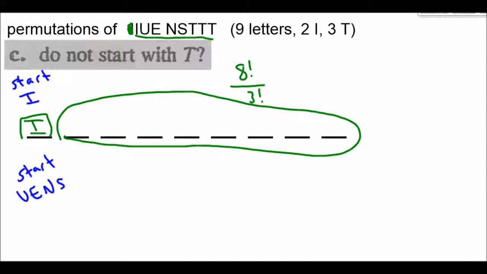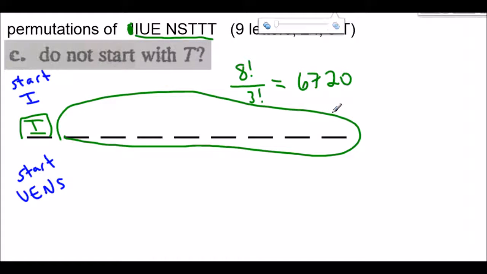Now I don't have 2 I's, because remember, I put one of them at the beginning and I'm not allowed to rearrange it if there's an I at the beginning. So if I do start with an I, the total number of rearrangements is 8 factorial divided by 3 factorial. So 6,720.